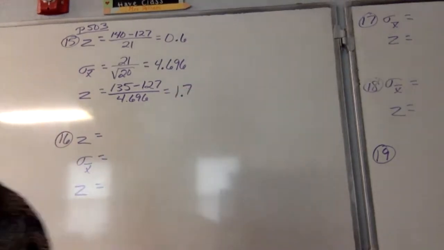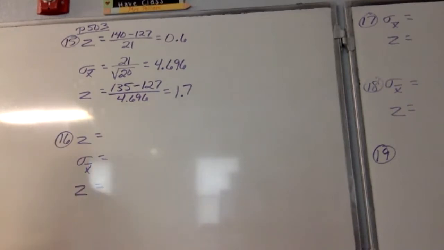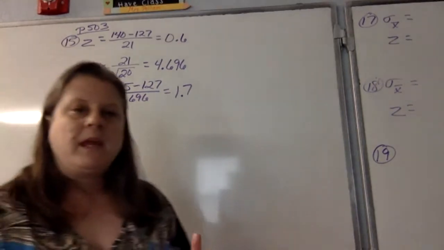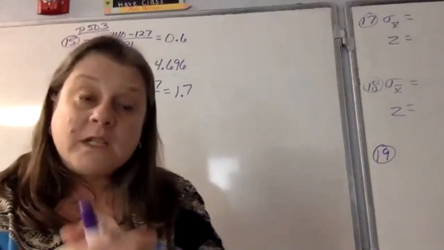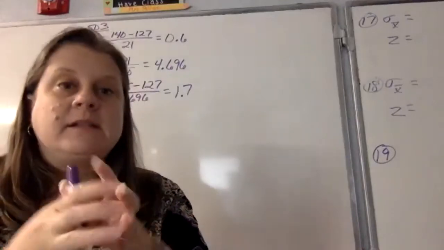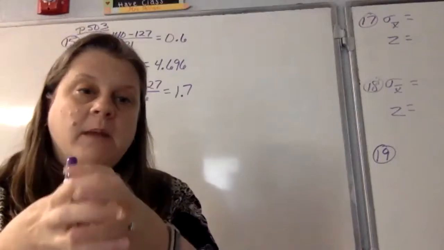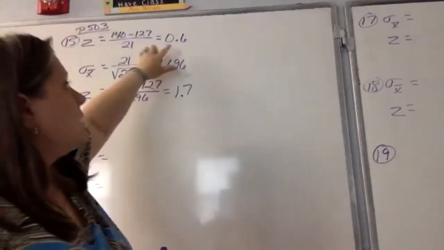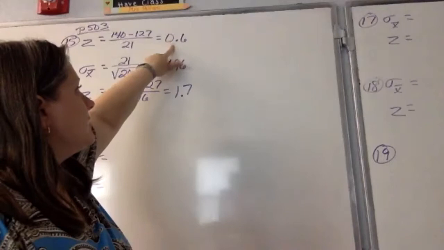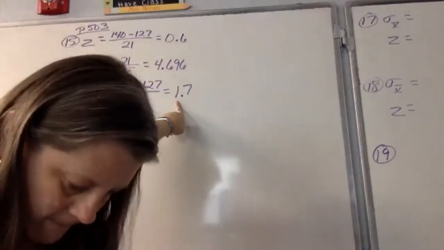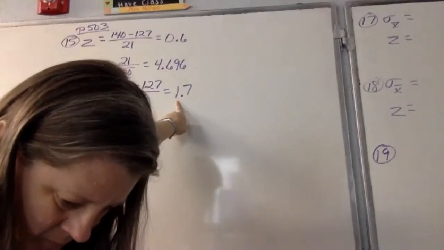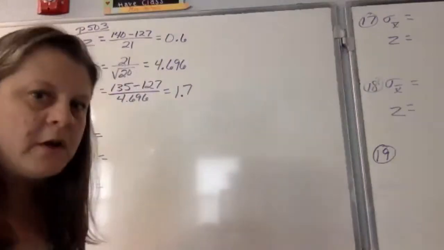Now remember, we're trying to find the one that is farther away from the mean. Your mean is your starting point, like your origin on a number line. So that's 0. If I'm thinking about my mean being 0, which one of these is farther from 0? The single day sales or the average sales? The average sales was farther.